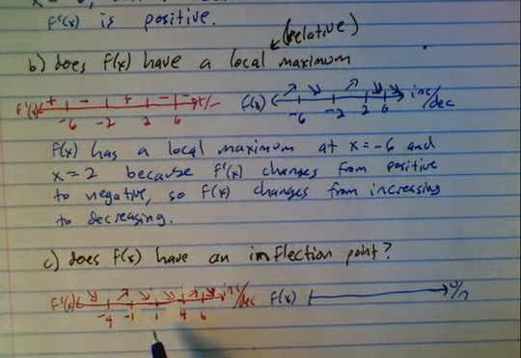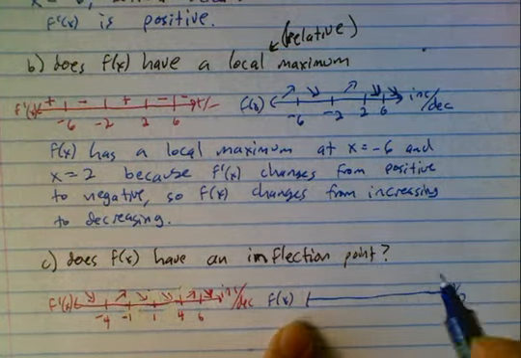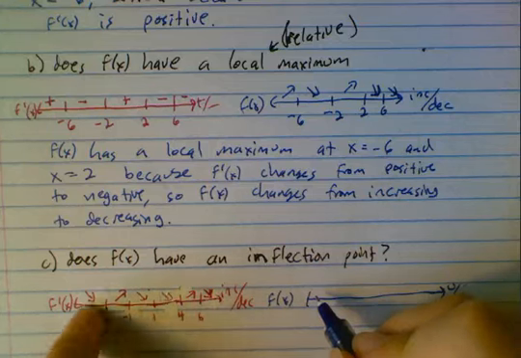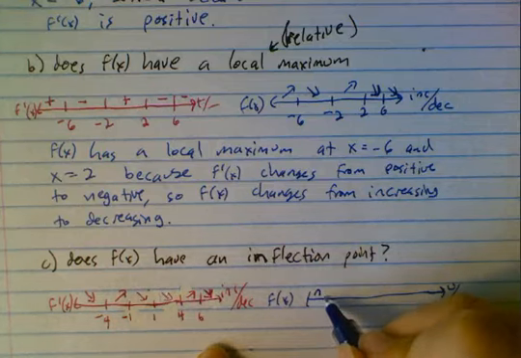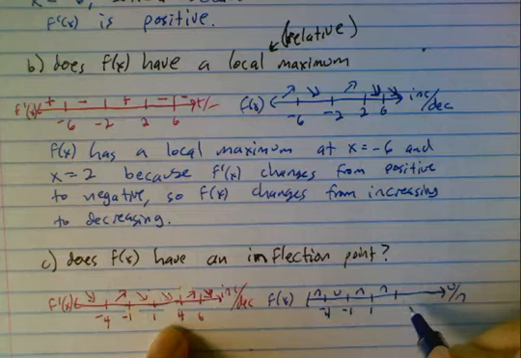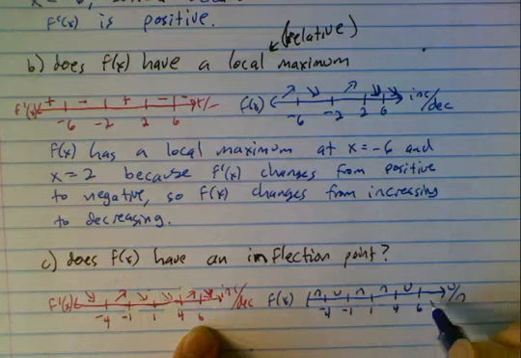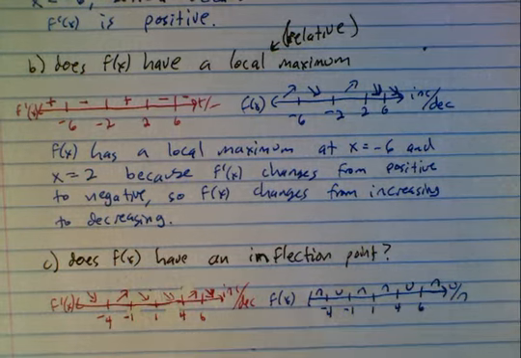So it should look like that. Notice at 1 there's a decreasing and another decreasing. So decreasing translates into concave down until -4, concave up to -1, concave down to 1, concave down to 4, concave up to 6, concave down. There we go.